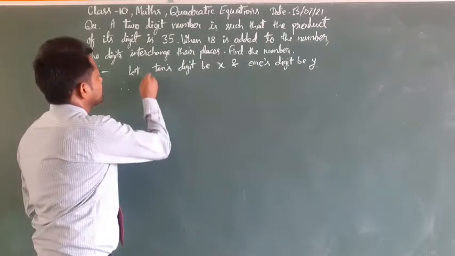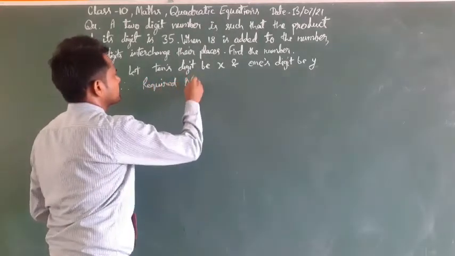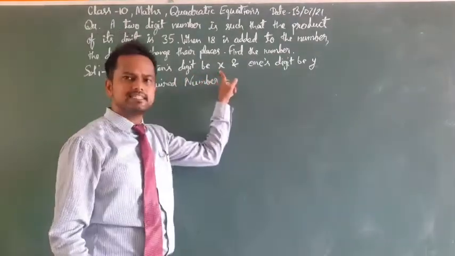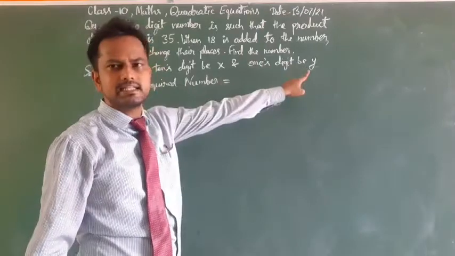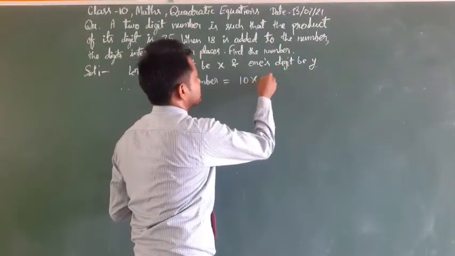Then the required number, where tens digit is x and ones digit is y, is 10x plus y.